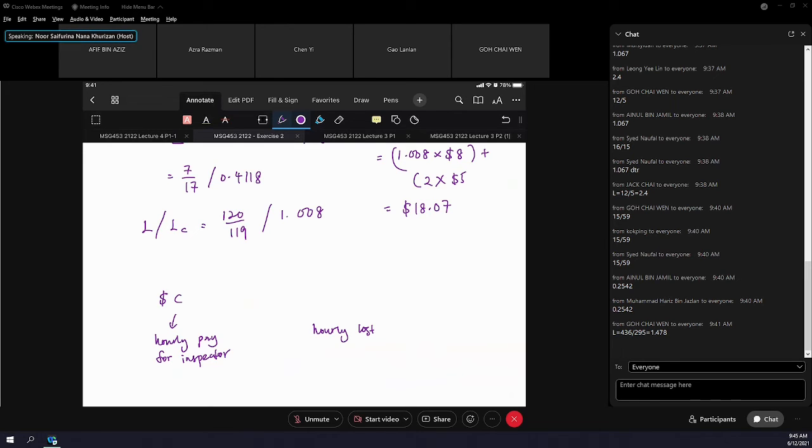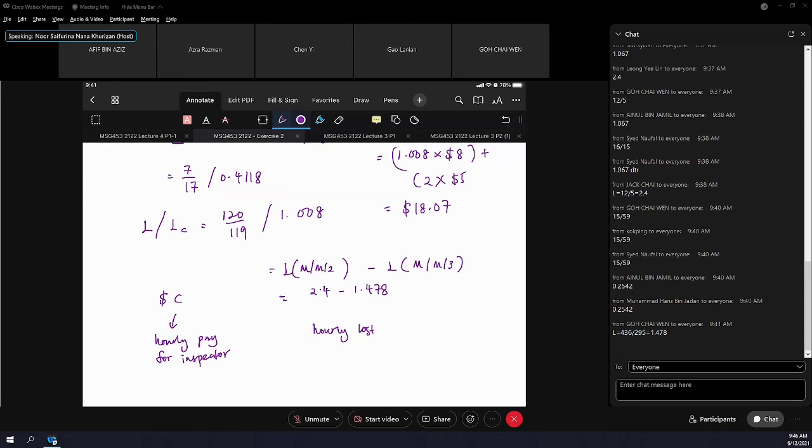In order to do that, you take the value of your L for 2 inspectors minus your L for 3 inspectors. This value is equal to 2.4 minus 1.478. Okay, sorry.